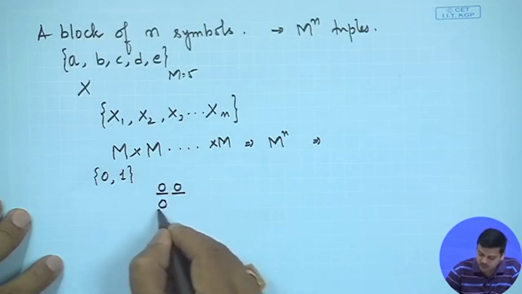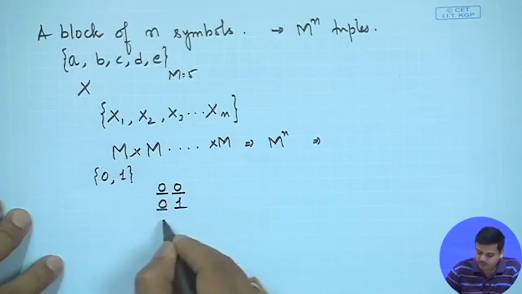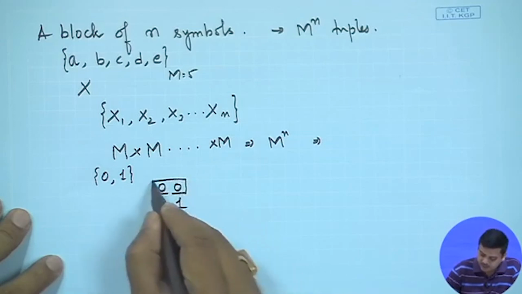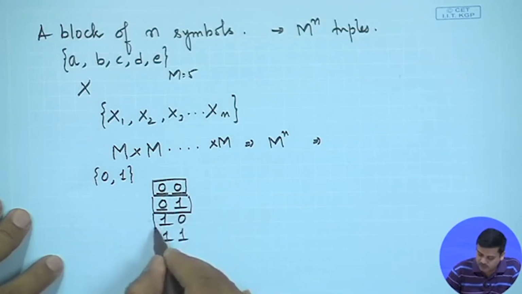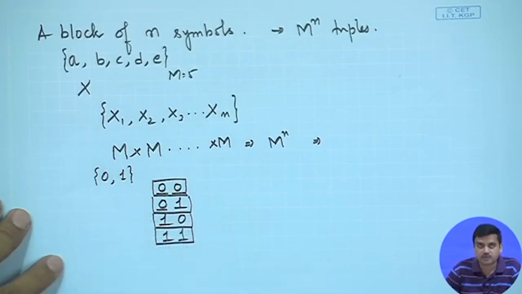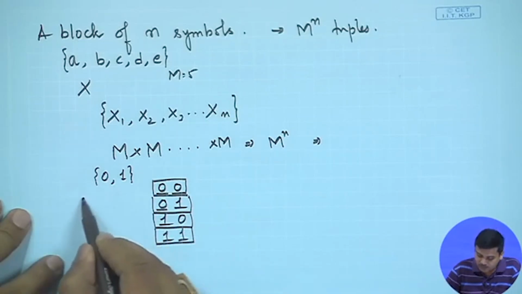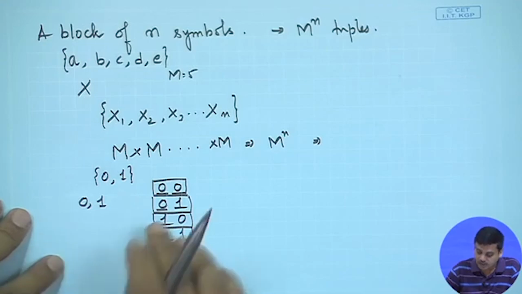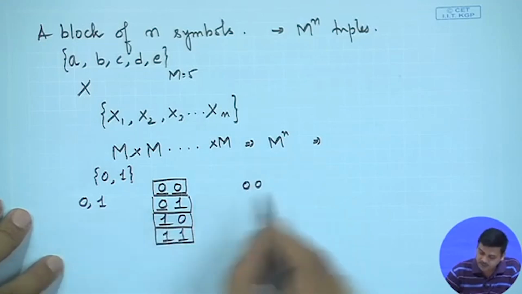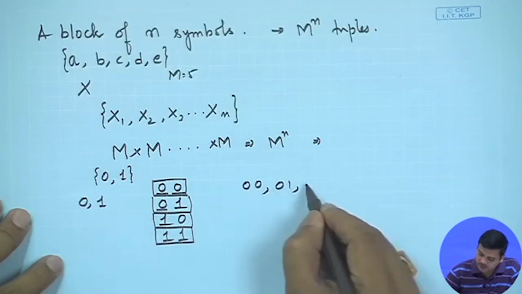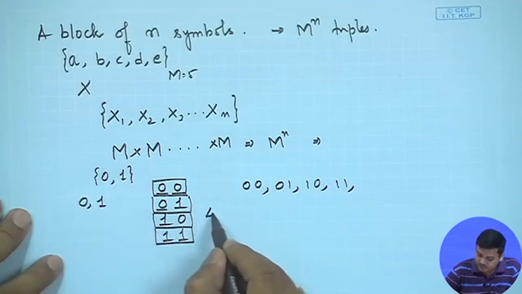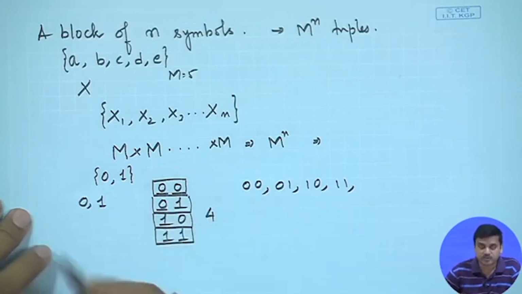So, this forms a symbol, this forms another symbol, and so on. Previously one symbol was coming out of it, now we are going to get symbols as this, or this, or this, or any other sequence. So, there are 4 possible symbols that have now been created. It is a superset that has been created from that same source.